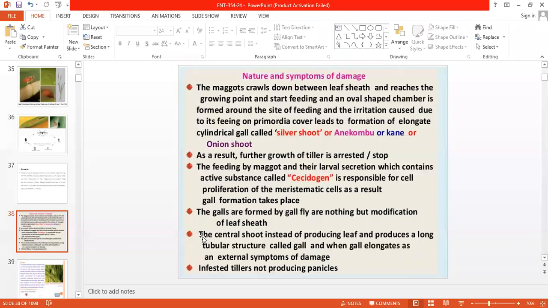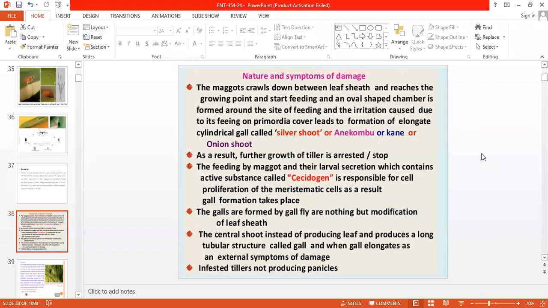The galls formed by the gall fly are nothing but a modification of a leaf sheath due to the infestation of a maggot. They secrete a chemical substance, cystidogen.